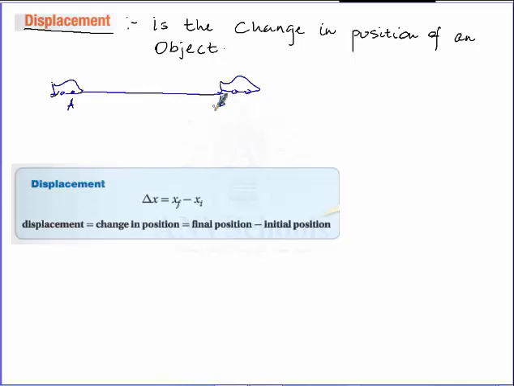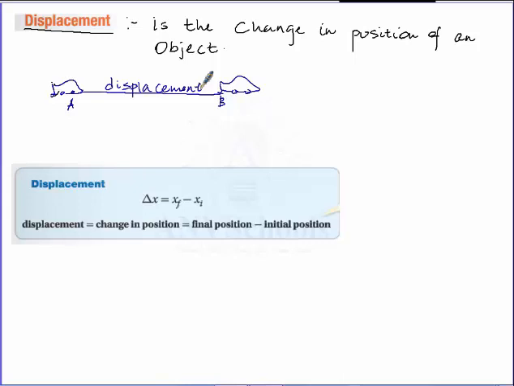So this straight length or this straight path along the x-axis is called the displacement of the car, or the total distance covered by the car along the given direction.